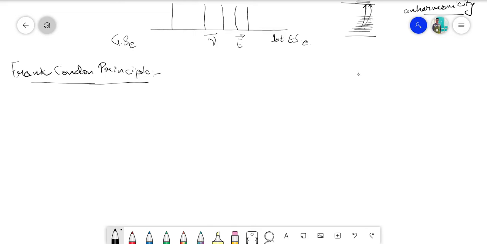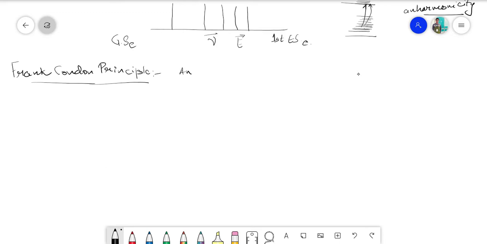That important it is. Now, what does the Franck-Condon principle say? That an electronic transition takes place so rapidly that the internuclear separation between the atoms does not change during the transition.